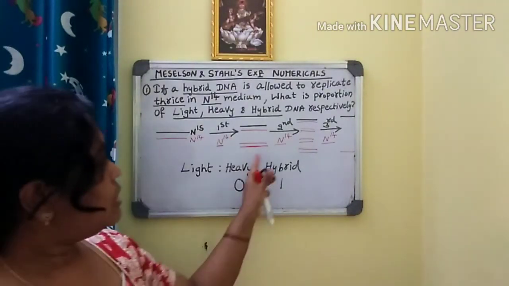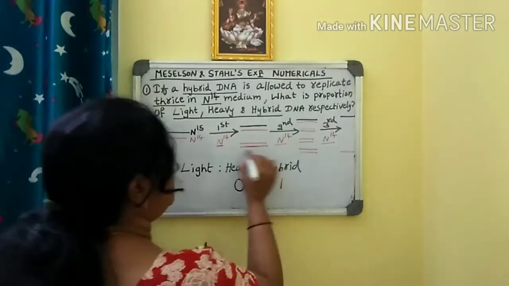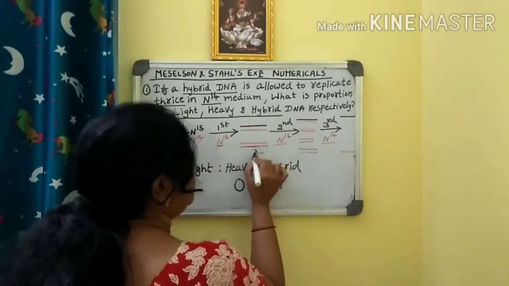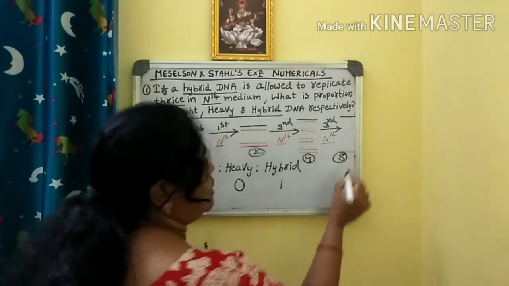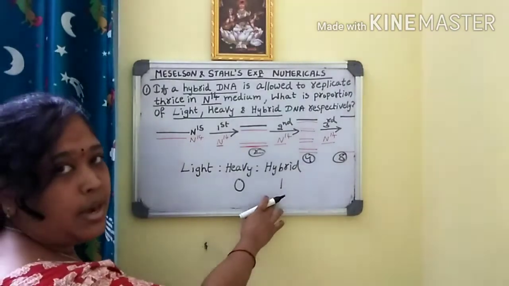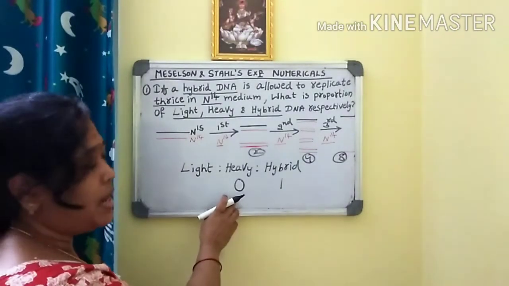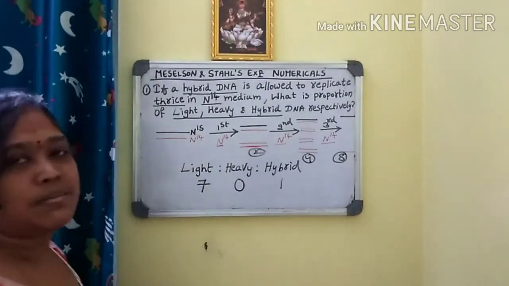And now this 4 will get doubled. So here 1 has become 2, here 2 will become 4, and here 4 will become 8. And out of 8, 1 will be hybrid, and we know there won't be any heavy. Then how many light? It will be 7.